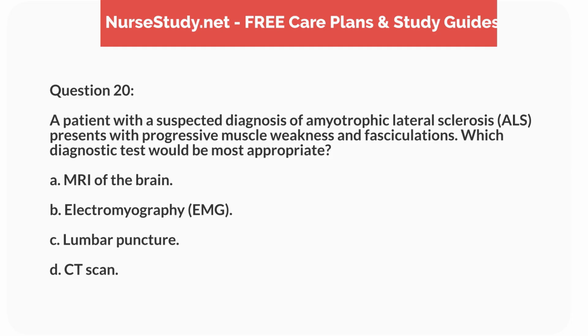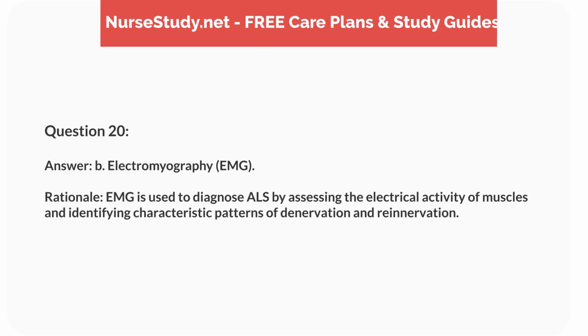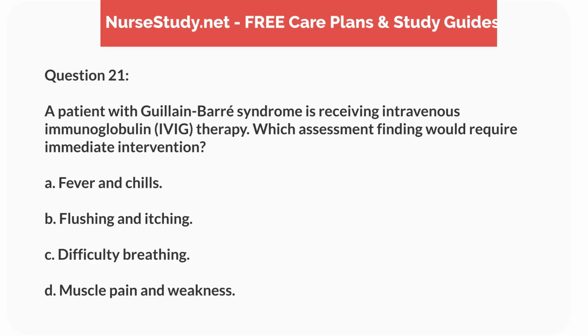C. Lumbar puncture. D. CT scan. Answer: B. Electromyography, EMG. Rationale: EMG is used to diagnose ALS by assessing the electrical activity of muscles and identifying characteristic patterns of denervation and reinnervation.